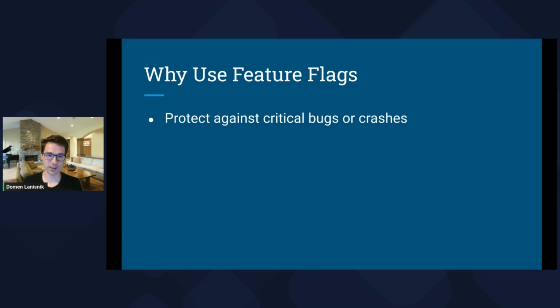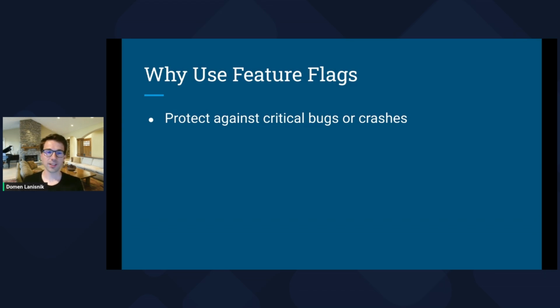If you place a feature behind a feature flag and there's a crash, you can simply turn off the feature flag. This means that the feature won't be available anymore for the users, and that gives you time to fix it.